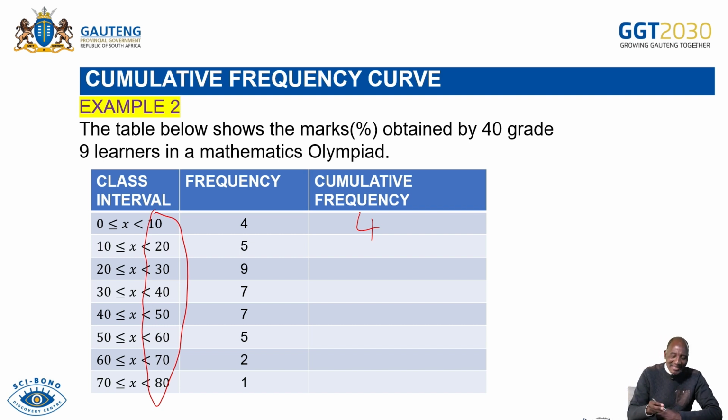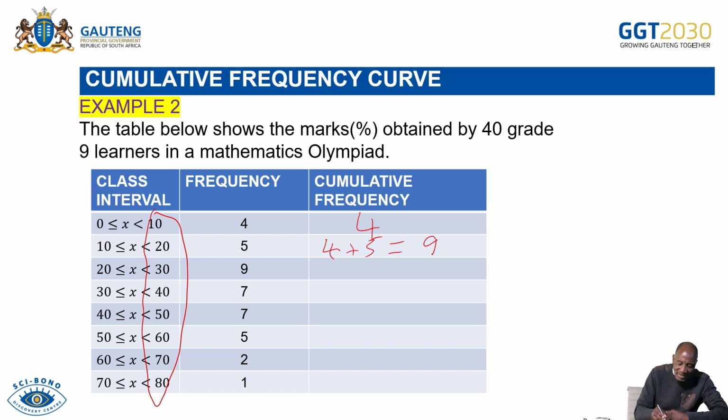Up to 20, we are now including 5 because there are these 5 that are joining who are in this second class. So when I say what is the cumulative frequency up to 20, it means I'm looking at all the learners that were there scoring below 20. All those that scored below 20, you say 4 plus 5.